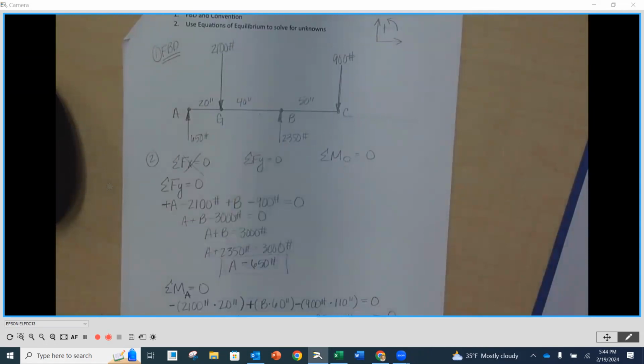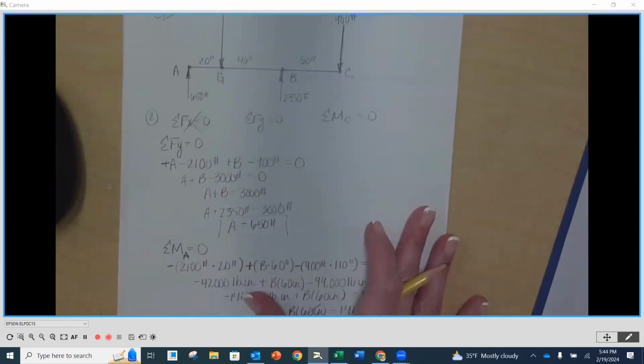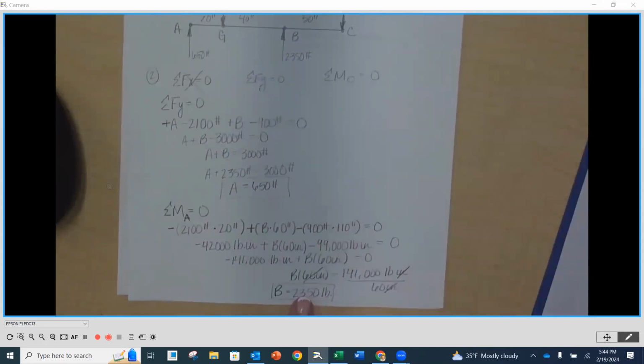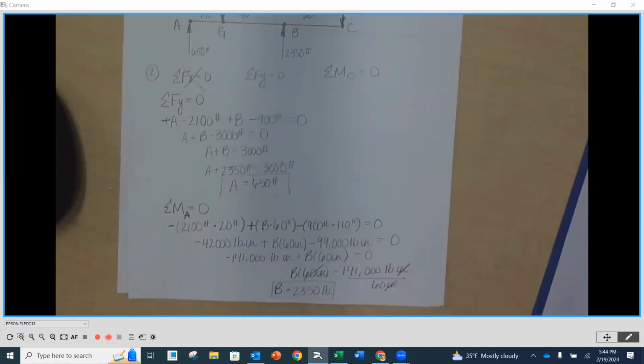So identifying, are we rollers? Are we pins? Are we fixed supports? And then putting the appropriate number of supports in place. In this case, there were 2 rollers, so 1 for each, and then assuming a direction. And then once we go through and use our equations of equilibrium, getting a positive value, we'll know if we assumed the correct direction or not. If we get a negative, we just didn't. That's okay.